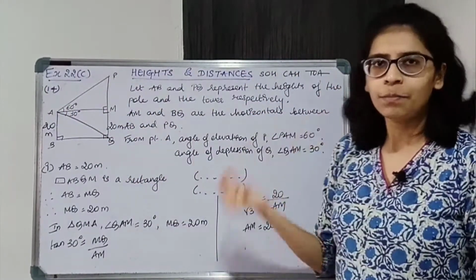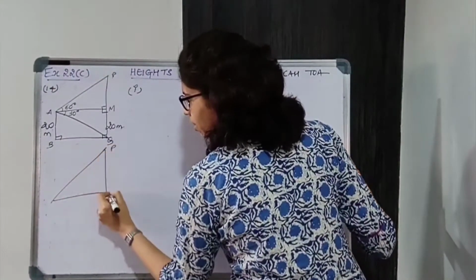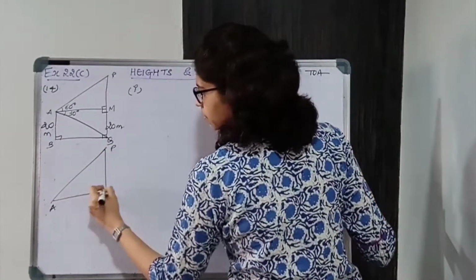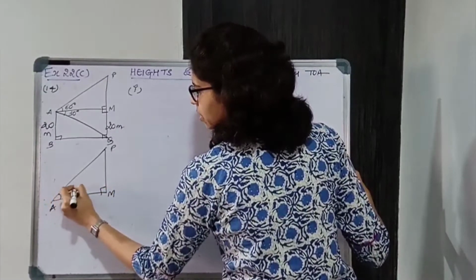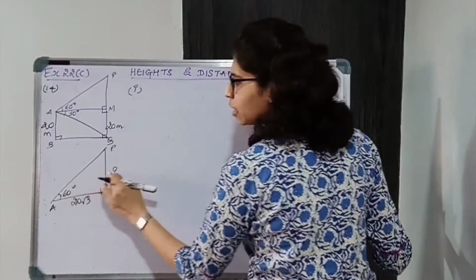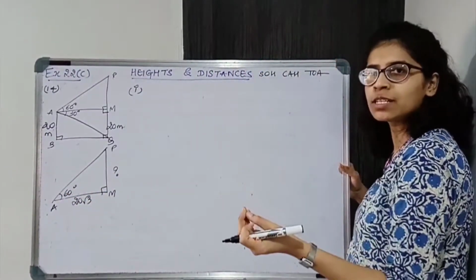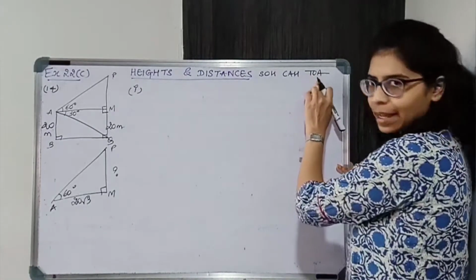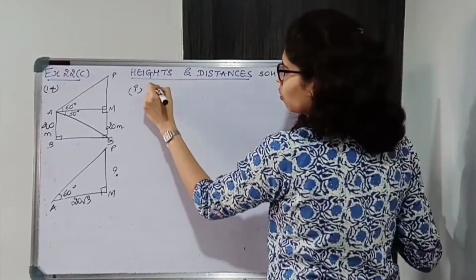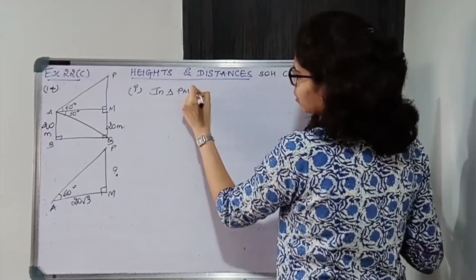So let us consider PMA now. PMA, this is 60 degrees and AM we found 20 root 3. The angle's opposite we need to find and the angle's adjacent we know. So opposite and adjacent relation again from tan. So we'll consider triangle PMA.